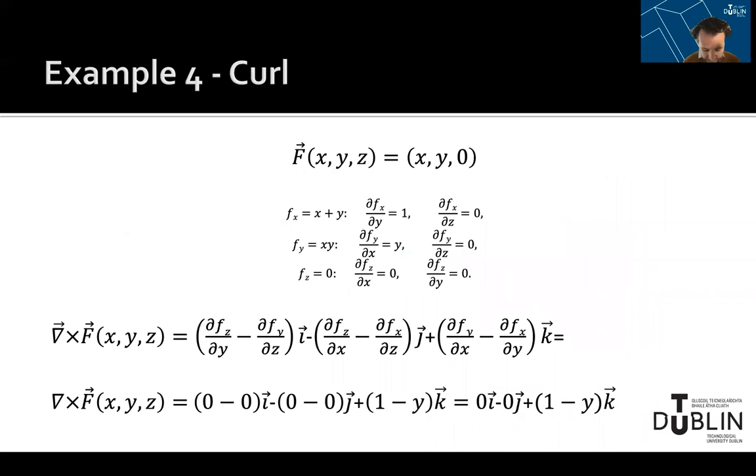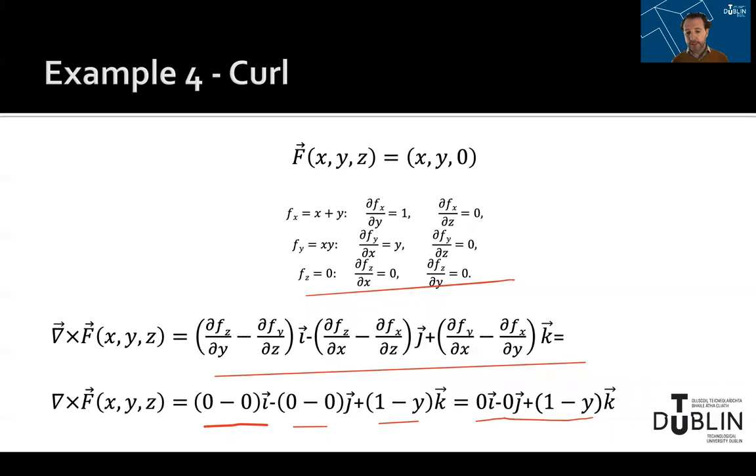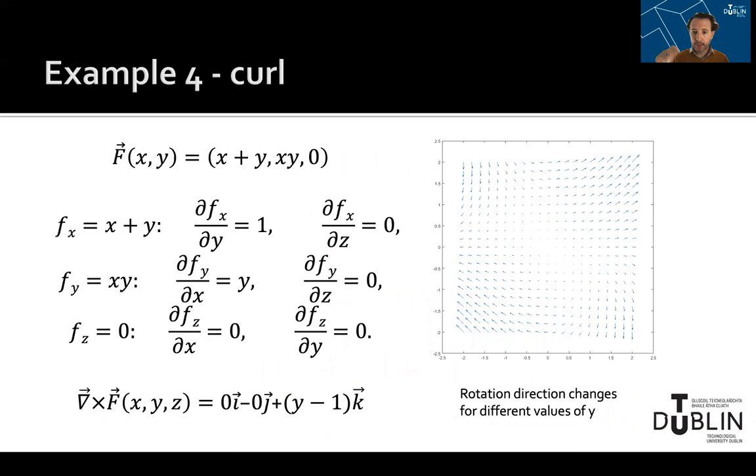So we've done our calculations. We have our formula, and we just put the values in. What we have is a vector that is 0 i, 0 j, and 1 minus y k. This is complicated, because you have to put in values of y to find out the rotation part. So what does it look like? Rotation direction changes for different values of y.